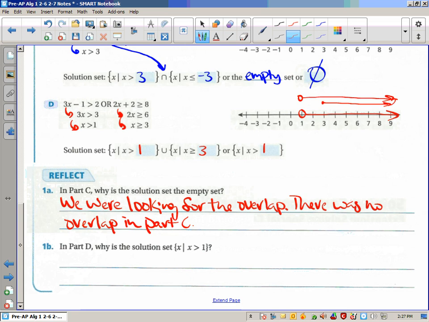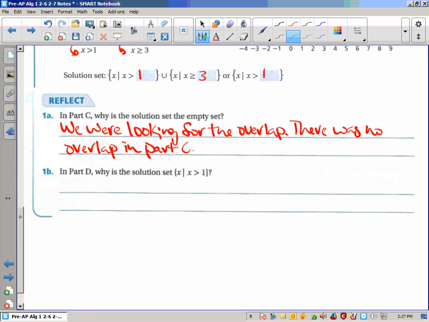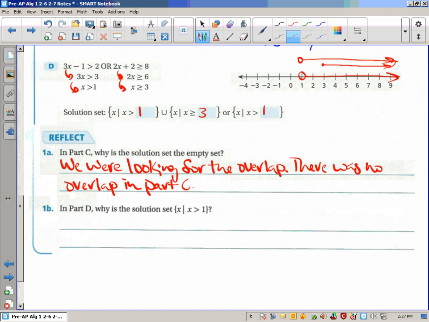Then in 1b, why is the solution greater than 1? It was because union is the joining of the two solutions. So if you join the two of them, then it really is just x is greater than 1.